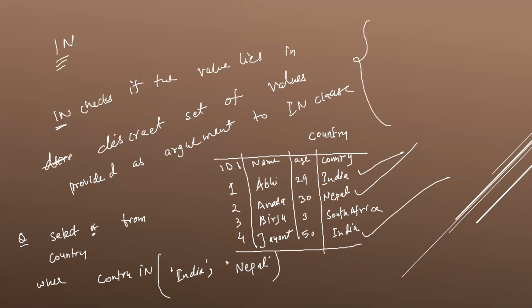This is the table. From this table, we want to select the people who are living in India and Nepal. So there are 3 such people: Abhi, Anda, and Jayant. Abhi is living in India, Anda is living in Nepal, and Jayant is living in India. So there will be 3 results, right? Let me know when you have noted it down.